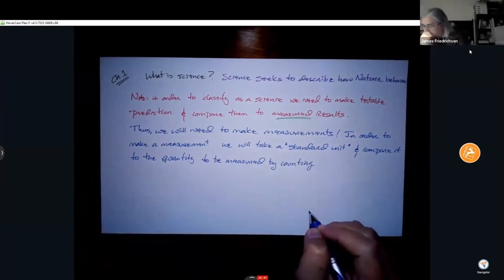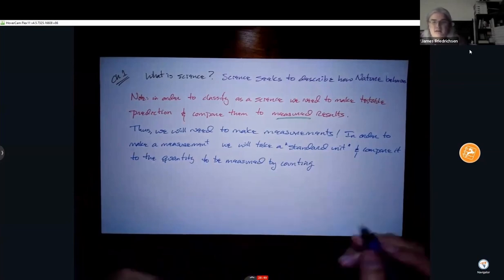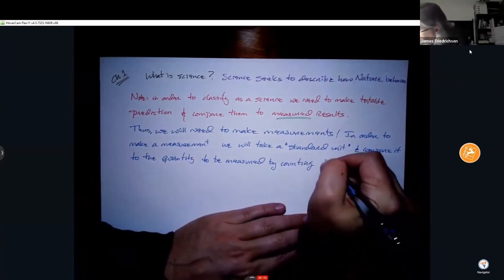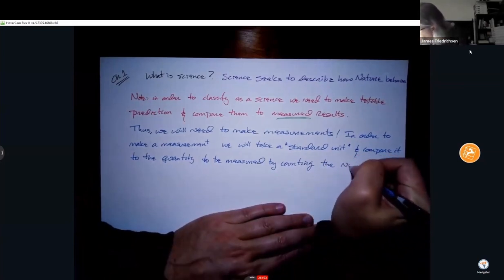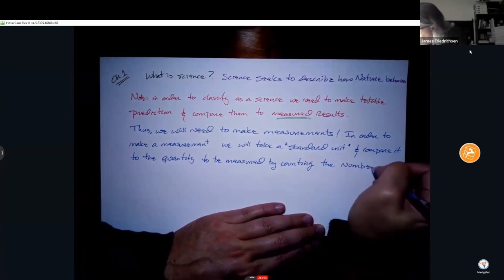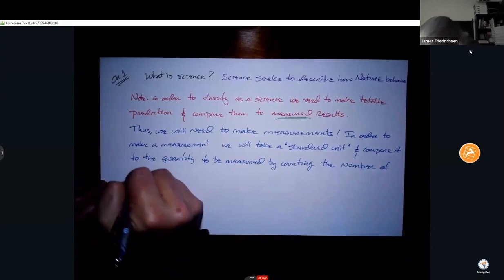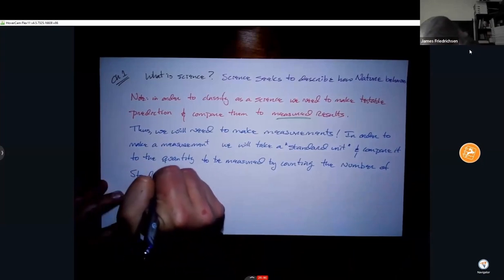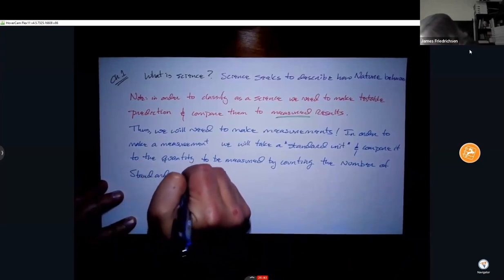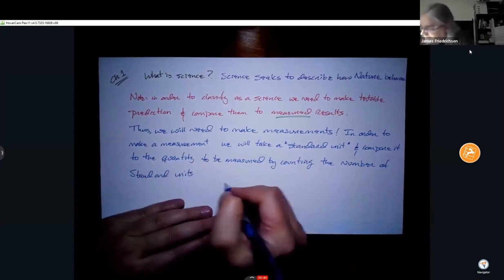We do this comparison by counting the number of standard units that are equal to the quantity.